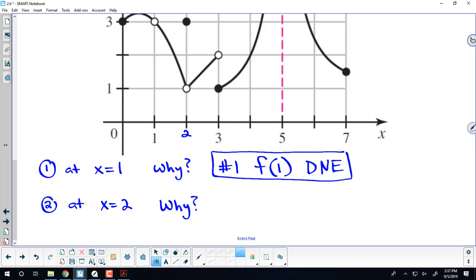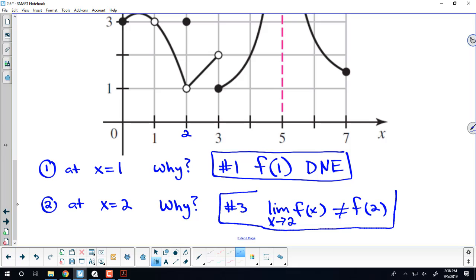We know the limit exists as 1, but the limit value is not the same as the function value. This is f. So that's item 3.